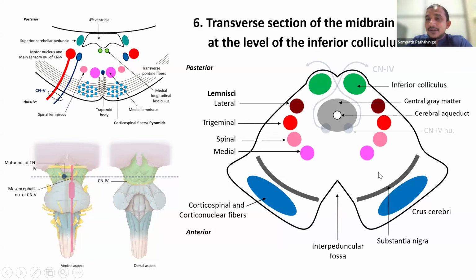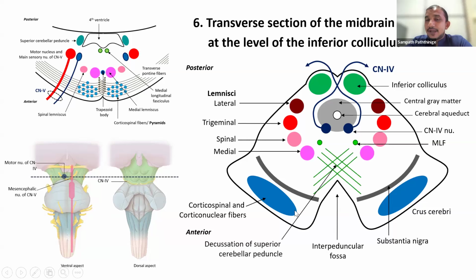And I told you at this level you find the trochlear nerve, which is the only cranial nerve which emerges from the posterior aspect, and the only cranial nerve which crosses to the opposite side as well, right? Then we have the medial longitudinal fasciculus, and at this level you find the decussation of the superior cerebellar peduncle. I told you the posterior spinocerebellar tract crosses to the opposite side through the superior cerebellar peduncle at the midbrain level. So that is what you see there.